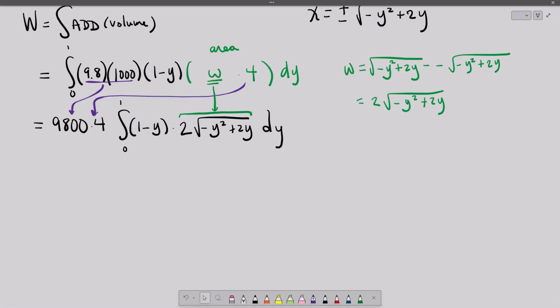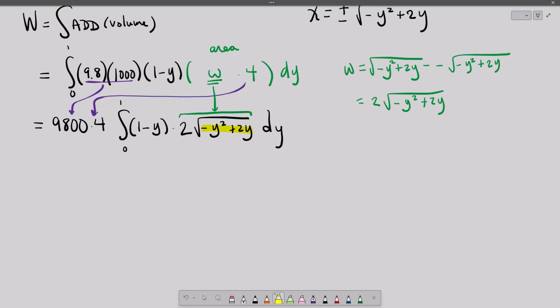Now, you don't have a lot of techniques of integration. The main one you have is substitution. If you are going to substitute, you look inside the square root. What is the derivative of that? Negative 2y plus 2.